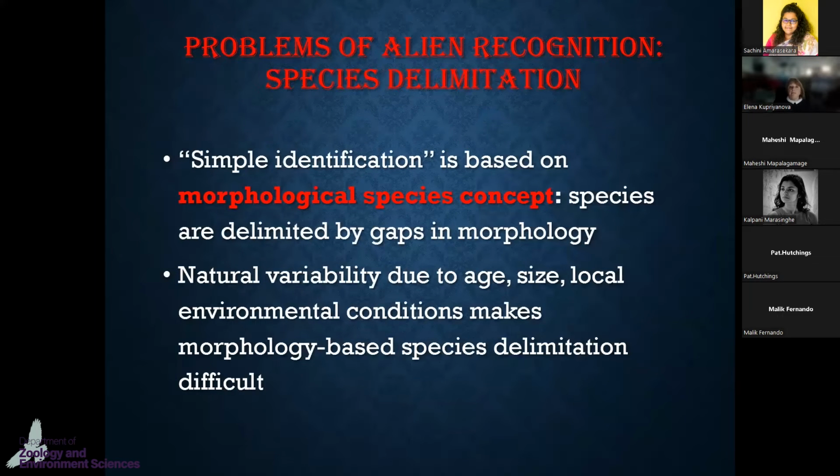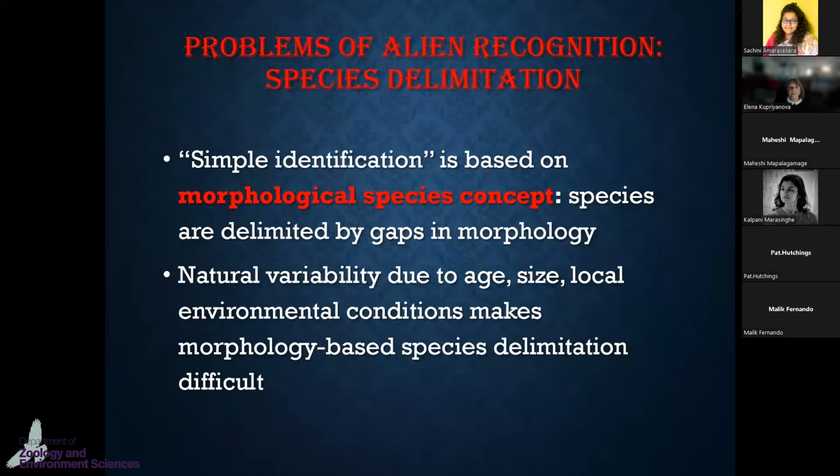Another problem with recognition of alien invasions, in addition to insufficient taxonomic force, is species delimitation. How do we distinguish one species from another? Simple identification is based on the so-called morphological species concept.